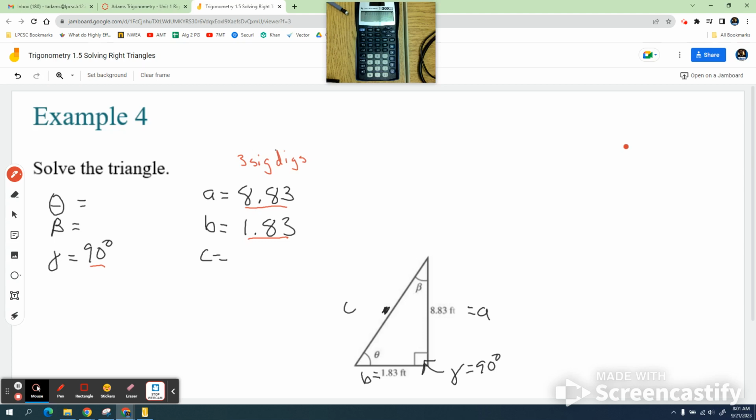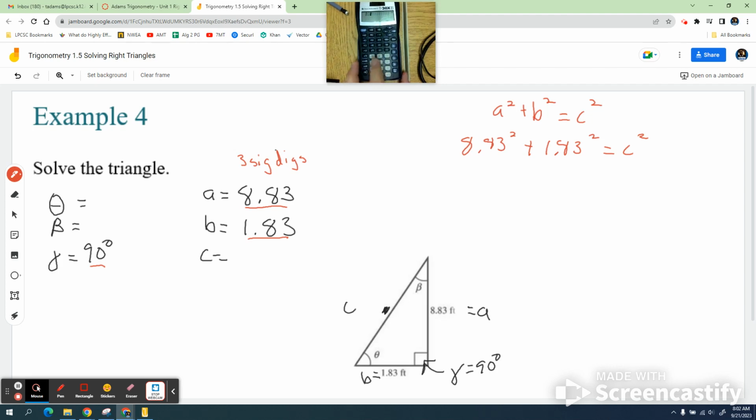So the first thing I'm going to do is solve for C. So remember, to solve for C, we use the Pythagorean identity, which is a squared plus b squared equals c squared. So that means I'm going to say 8.83 squared plus 1.83 squared is going to equal c squared. Now, on your handy-dandy calculator, you could do that in one swoop.